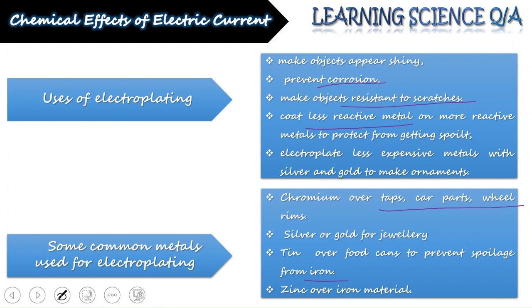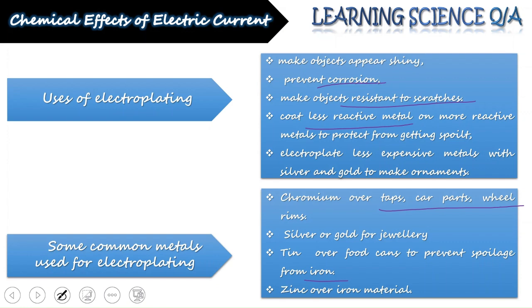Now, one question comes here: why are we only electroplating these materials? If chromium can make a thing look good, or scratch resistant, or prevent corrosion, why are we not making the whole part of the substance out of chromium?